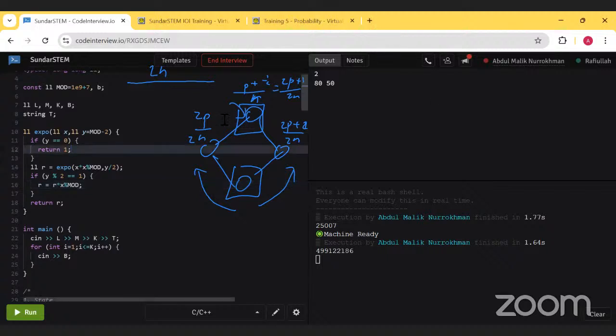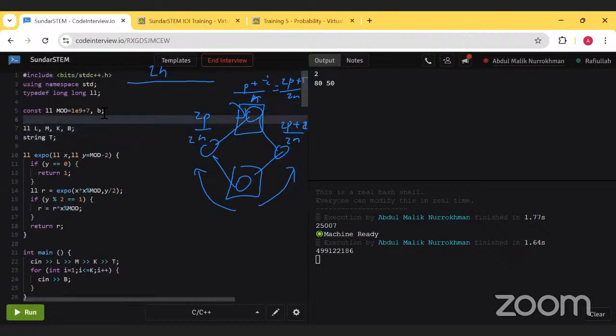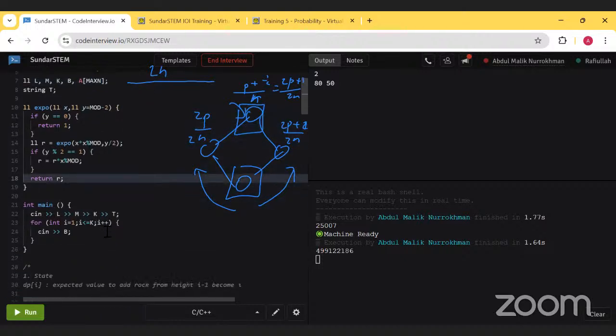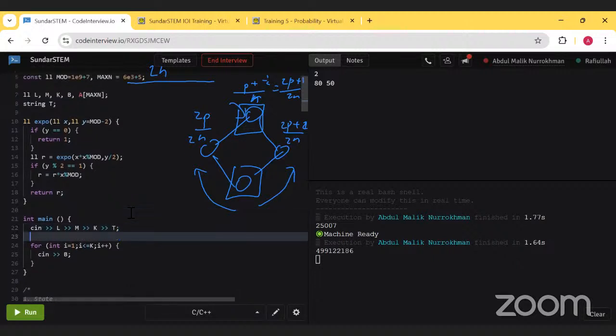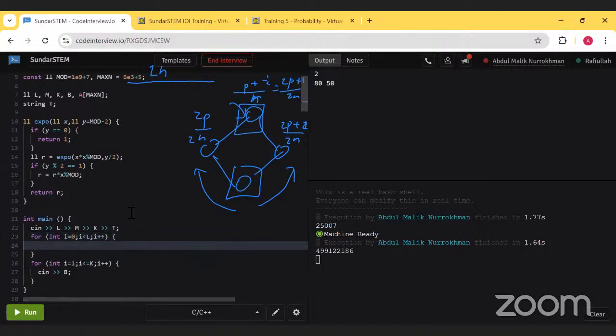Okay, so let me create an array here. Say array A, and then I will iterate all the string t.